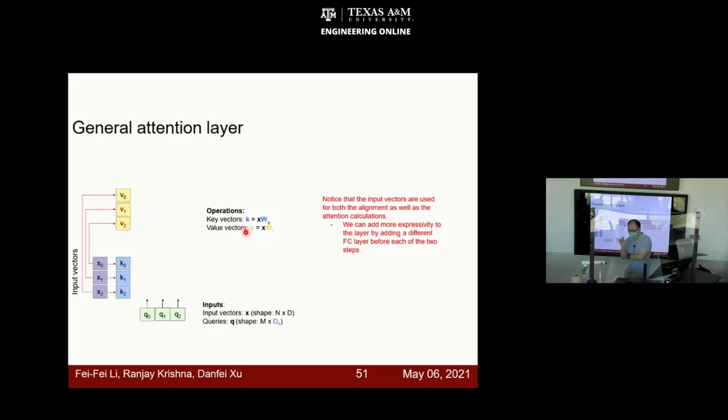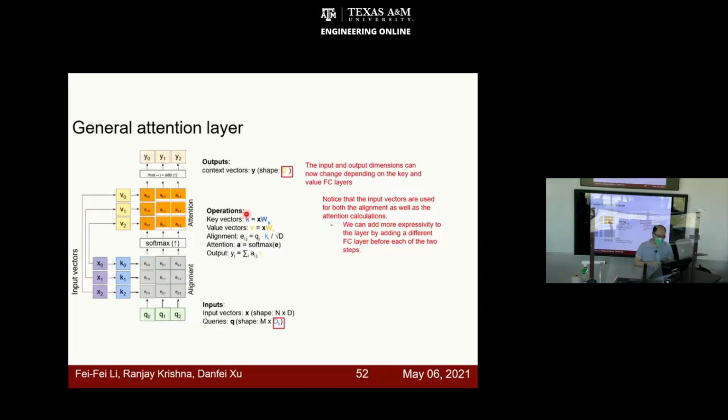So that's another change. We talked about this alignment function, no longer parameterized, and we talked about this input vector now split into keys and values, which are to be learned. Remember, these W's are to be learned. And these keys and values participate in these two steps, alignment and attention calculations, respectively. So that's what we have here.